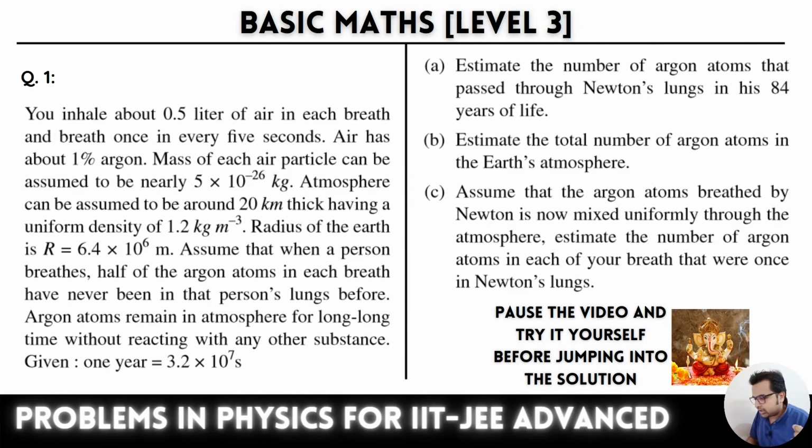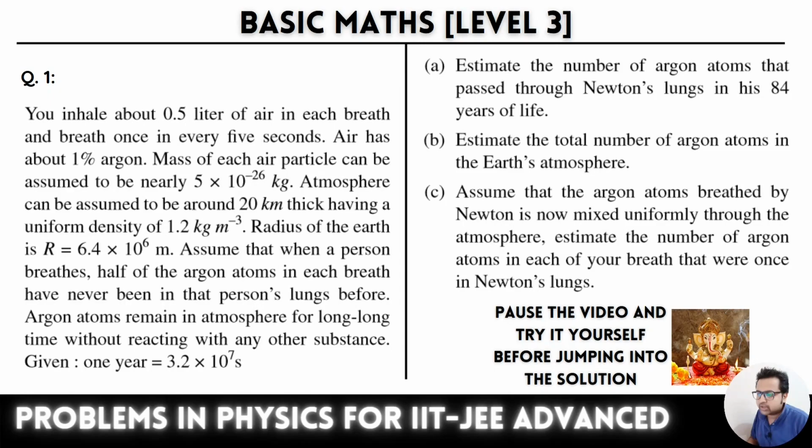Okay, so now let's jump into the exact problem which we have to solve. The A part is: estimate the number of argon atoms that passed through Newton's lungs in his 84 years of life. A very interesting question. Here you can assume Newton to be the scientist, the great Newton, or any person.